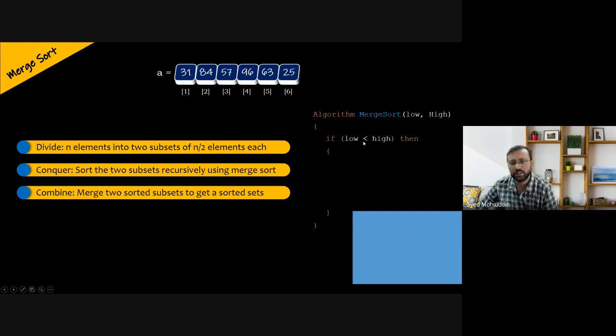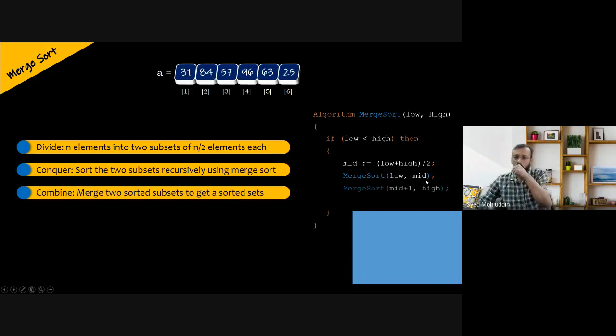If low is less than high, that means the problem is large, so we compute the mid index. Mid is low plus high by 2. Then we perform merge sort on low, and instead of high, we pass mid. That is, we are performing merge sort on the left subarray.